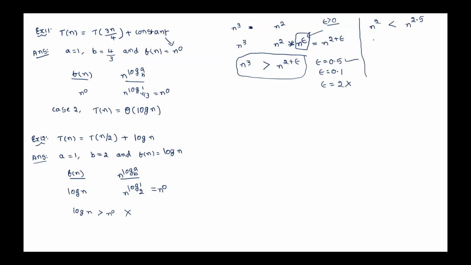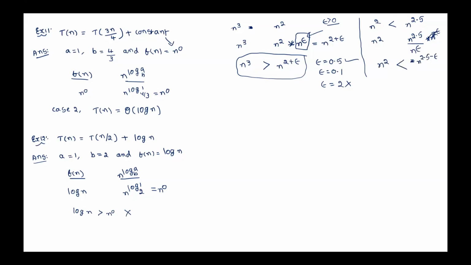I subtract some polynomial quantity, that means I divide it by n power epsilon. That means n power 2.5 minus epsilon. Now, is n square less than n power 2.5 minus epsilon, where epsilon is always greater than 0?